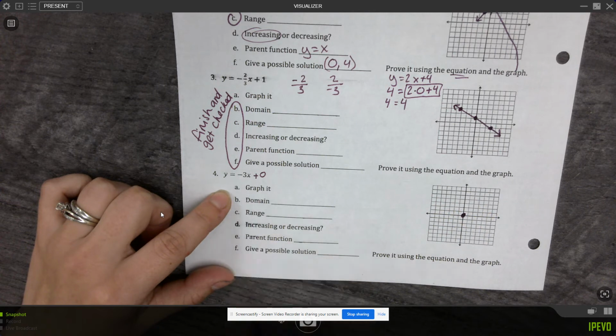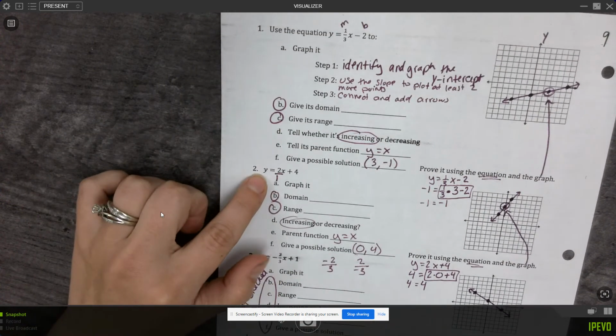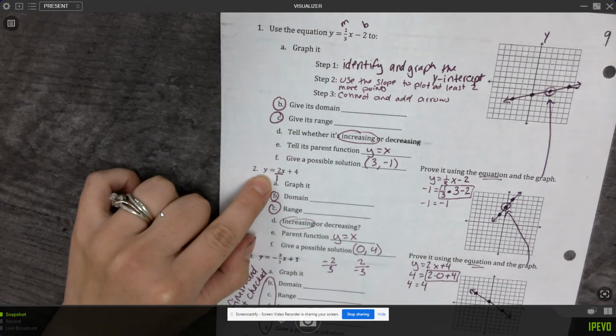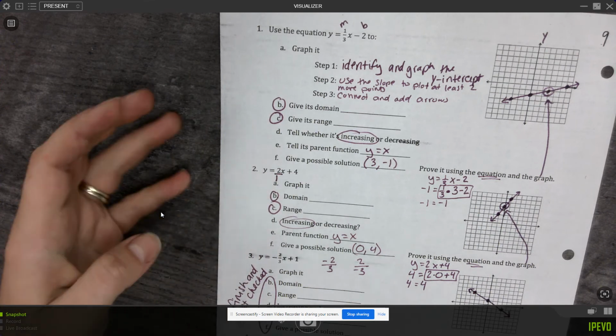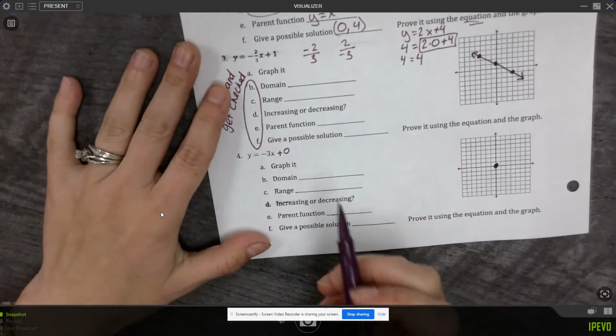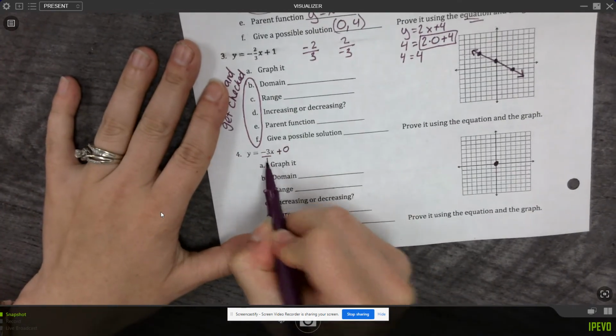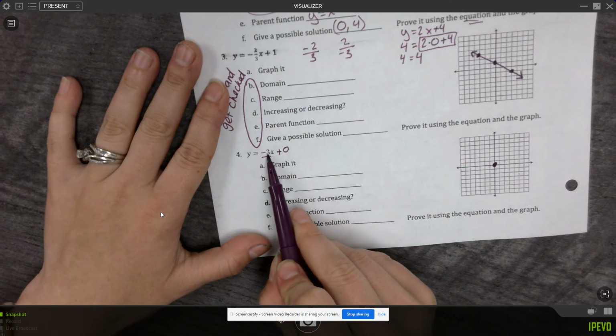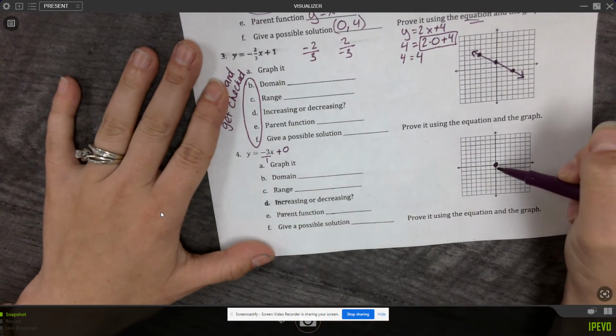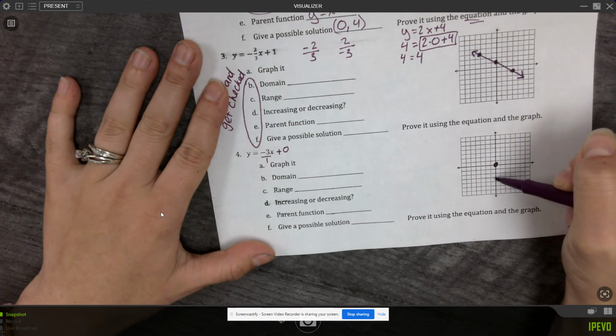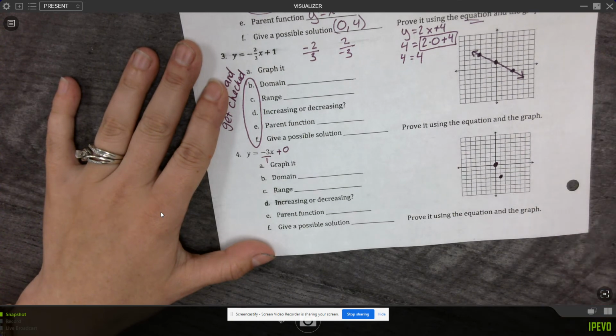Your slope is -3. Similar to this example back up here where I had just a 2. I don't have a fraction, so I made it into 2 over 1. Same thing on this one. It's going to be -3 over 1. So rise over run, -3 is down 3, run 1, which is positive, so down and then to the right.